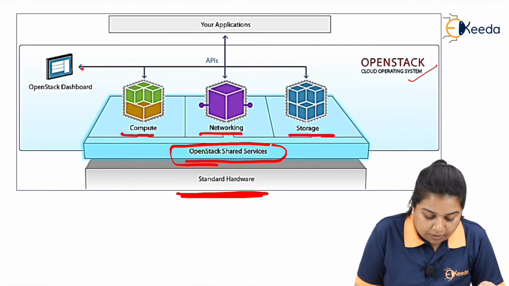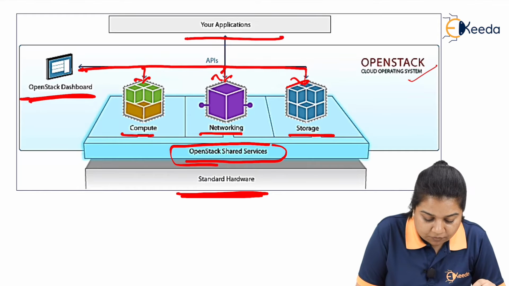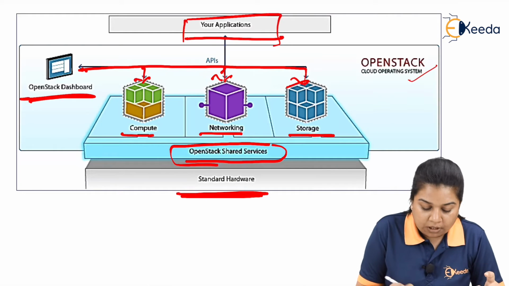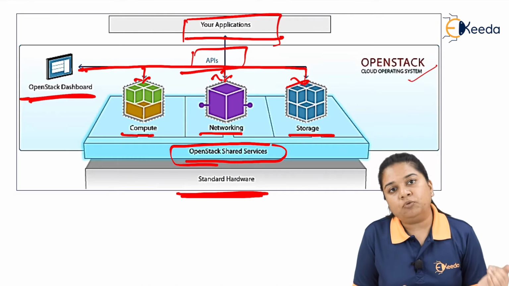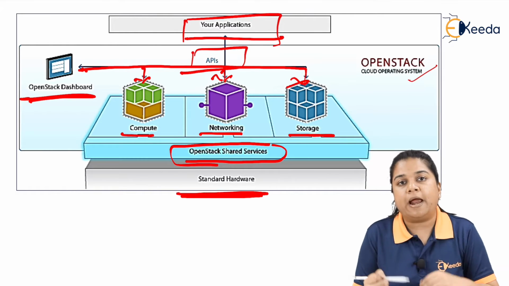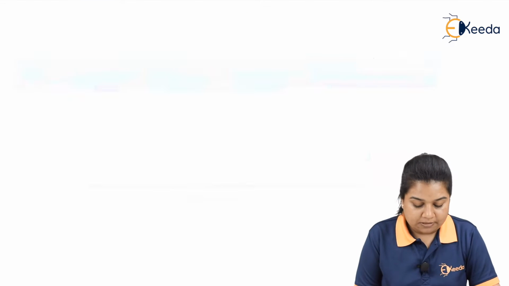These all run with the help of the OpenStack dashboard, and the applications which we create on the cloud run with the help of the APIs, because APIs communicate with these resources and make them work for the end user or the clients.